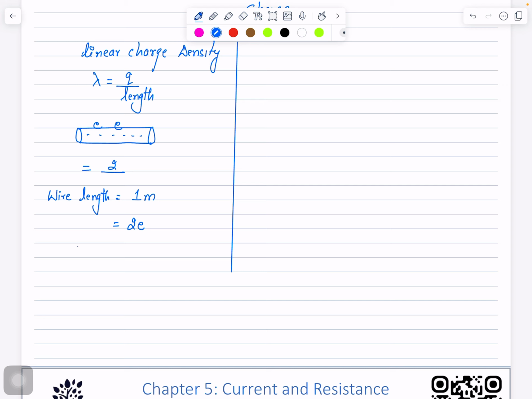So what can we say? Lambda is equal to 2 charges per meter. Now in case number 2, you have 5 electrons, so you will say 5 electrons per meter. If you have 10 electrons, you will say 10 electrons per meter. Yes or no? This is the density.